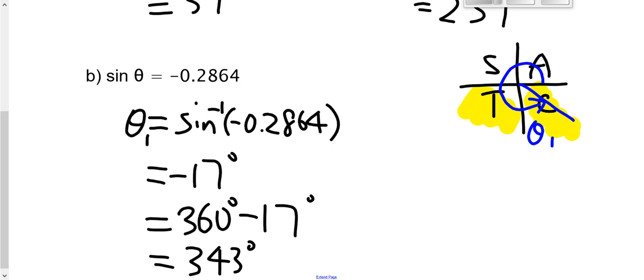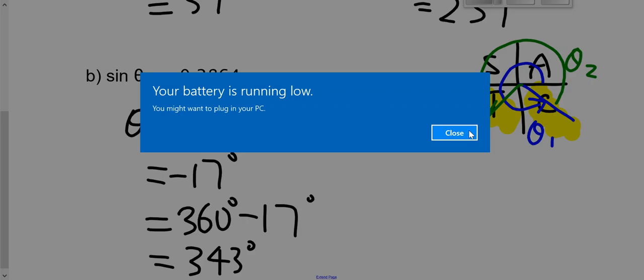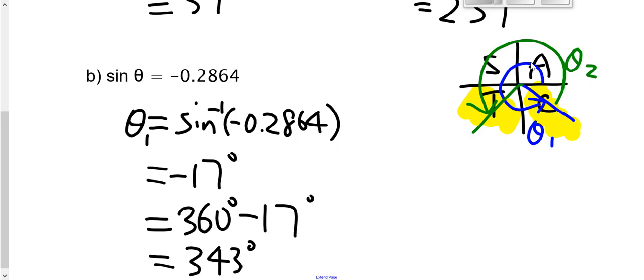And then for our second angle, we know that it would be here. So my angle theta 2 would be this. If we know this is 17 for this reference angle, that means this reference angle would be the same because they are the mirror image of each other. So this one would be 17. What is this angle? 180 plus 17.